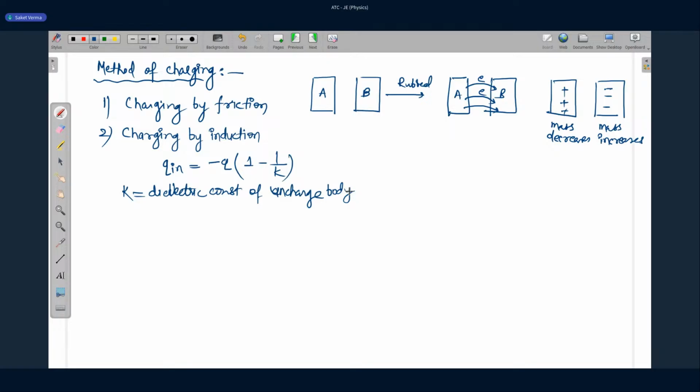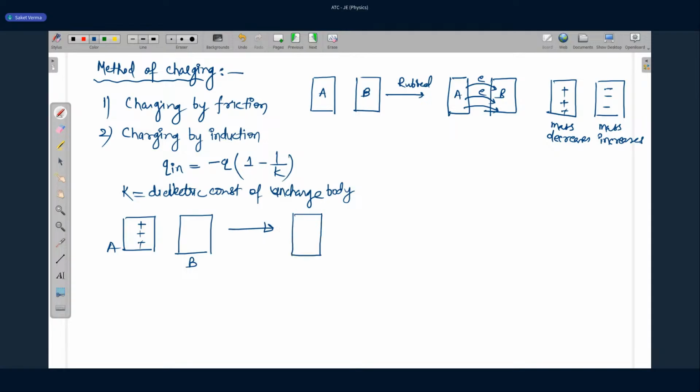So how do you charge? Suppose there is a charged mass, plus A, and there is another uncharged mass, B. Suppose we bring them close to each other.